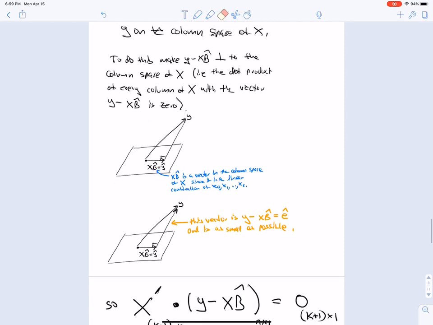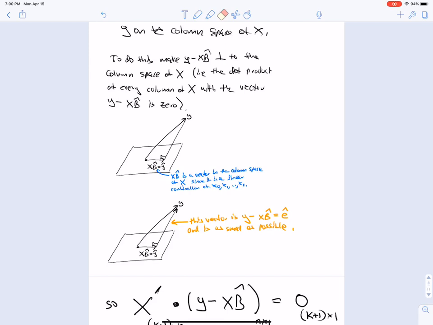In this picture here, you can see I've dropped an orthogonal projection, and x beta hat is a particular linear combination of x0, x1, up to xk.